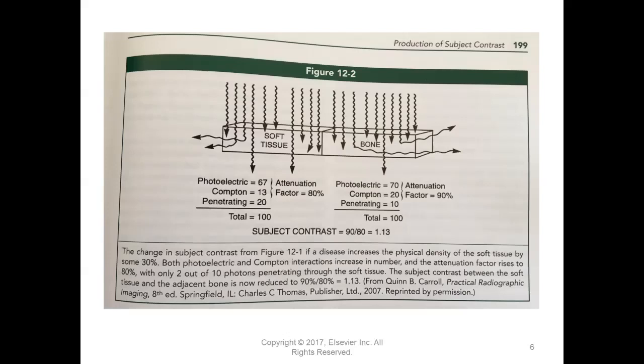So now, instead of 50 photoelectric interactions, we've got 67, an increase of 30%. We've increased Compton scatter 30%. That brings us to 13. So you add those all together, and you end up with 80 photons attenuated versus 20 penetrating.